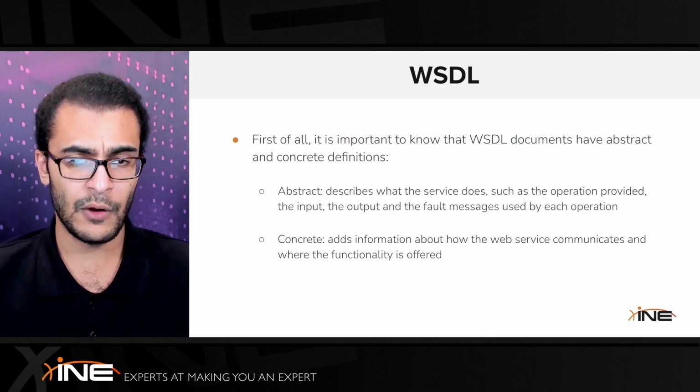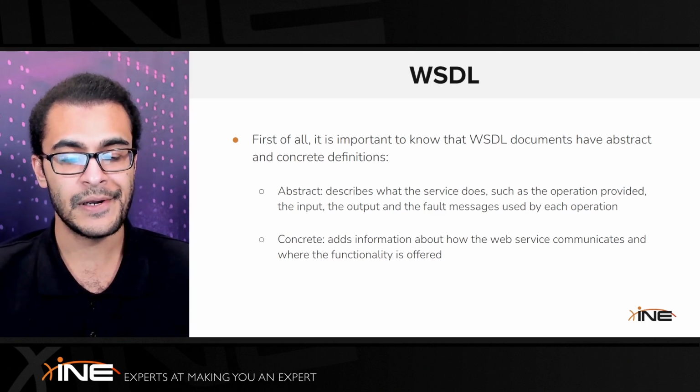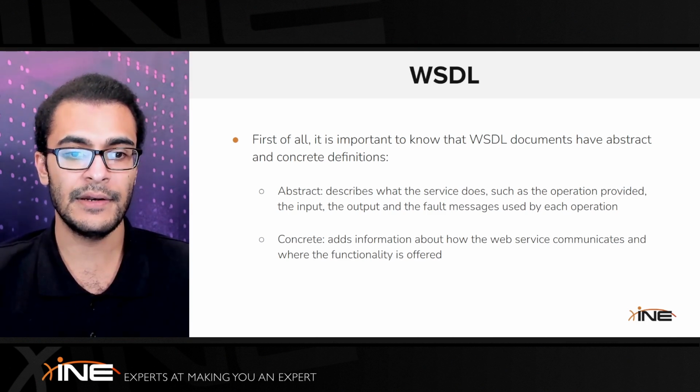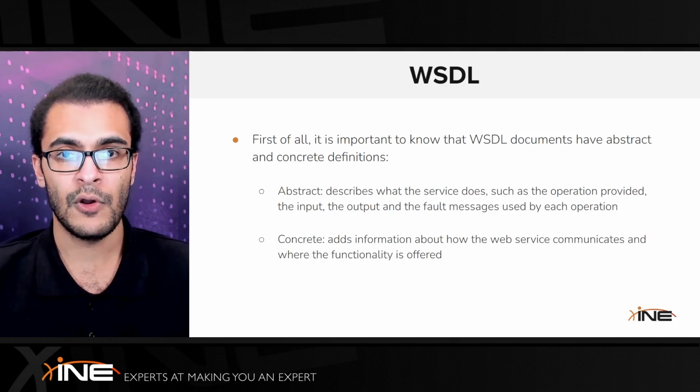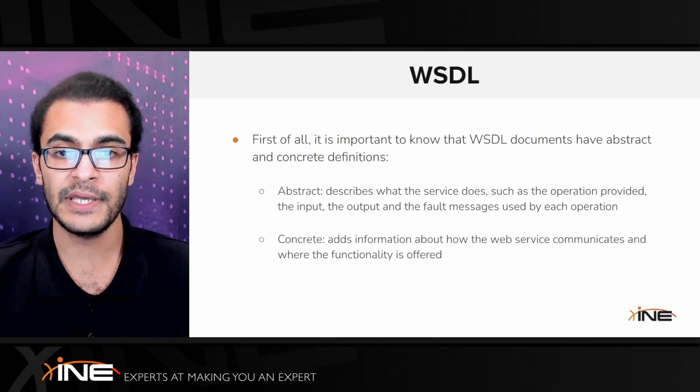So this is now how WSDLs are defined, all right? And you then have the concrete definitions, which add additional information about how the web service communicates and where the functionality is offered.